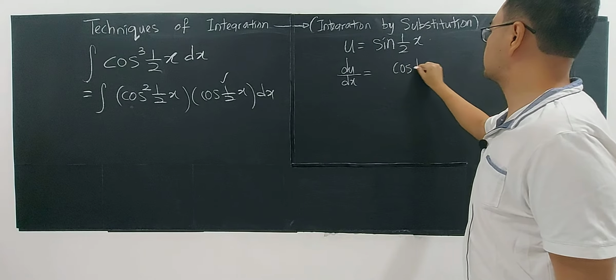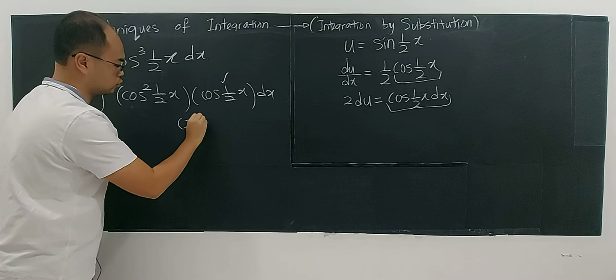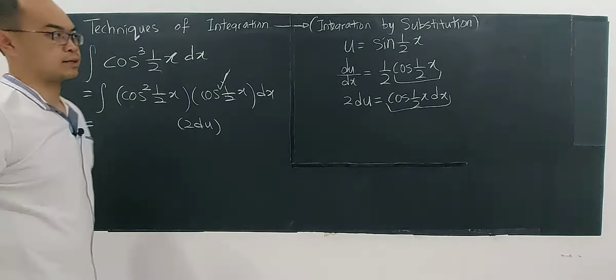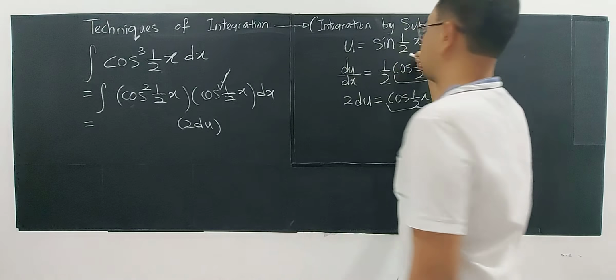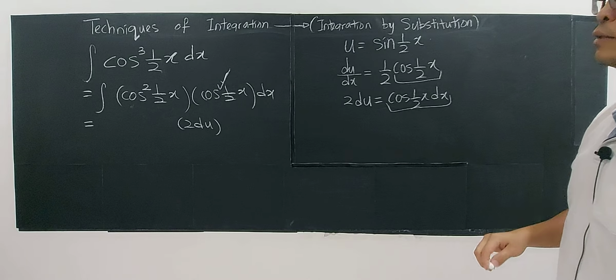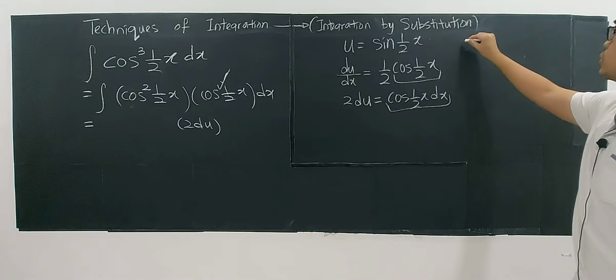Nicely you can see that this can be substituted by 2 du. Integration by substitution: you substitute this whole thing with 2 du, and this is done. For this cos square half x, how do we relate cos to sine? There is only one way: sine square theta plus cos square theta equals 1.